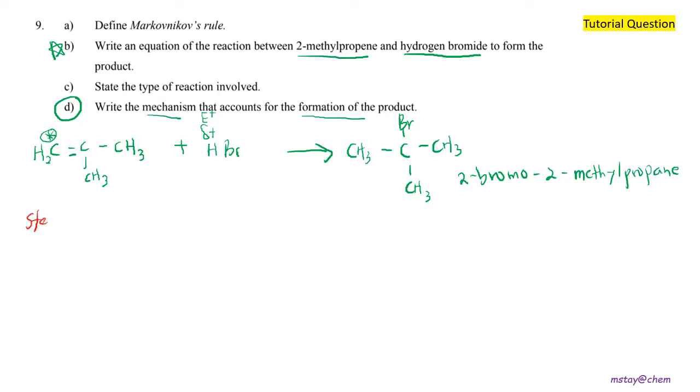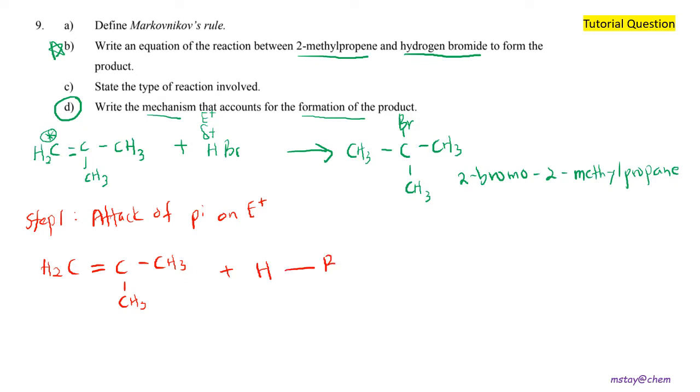Step 1, as we know, is attack of the pi bond on the electrophile. I just write the short form. You draw out the propene and the bond between the hydrogen and Br.